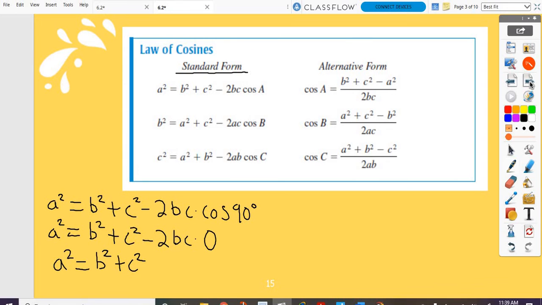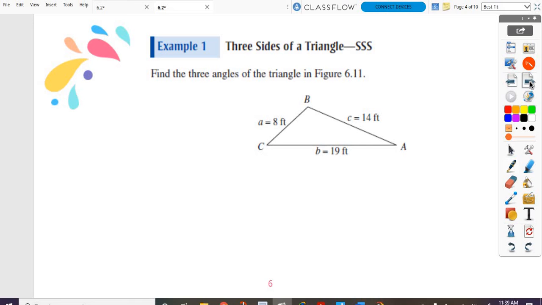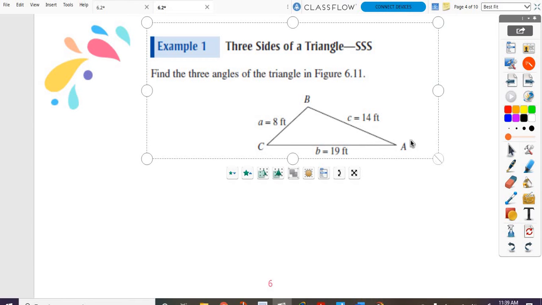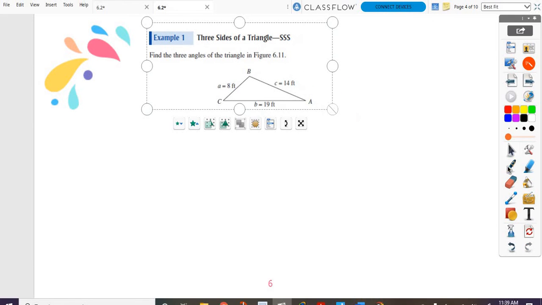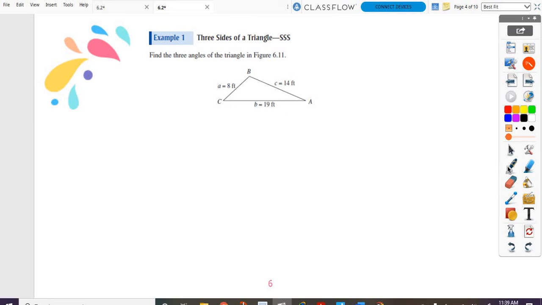So let's look at an example. On this first example, they give us side, side, side. Now, we're in the law of cosines section, so obviously we're probably going to use law of cosines, but could I use law of sines if I wanted to?